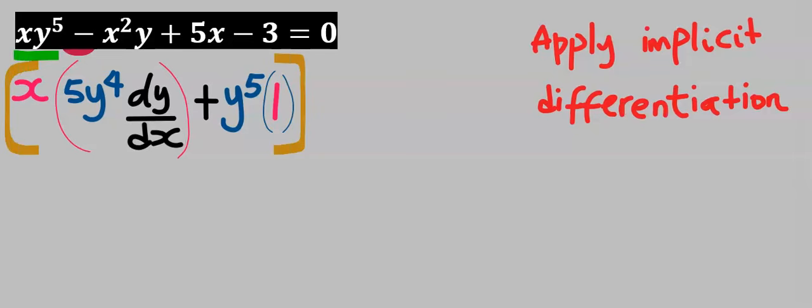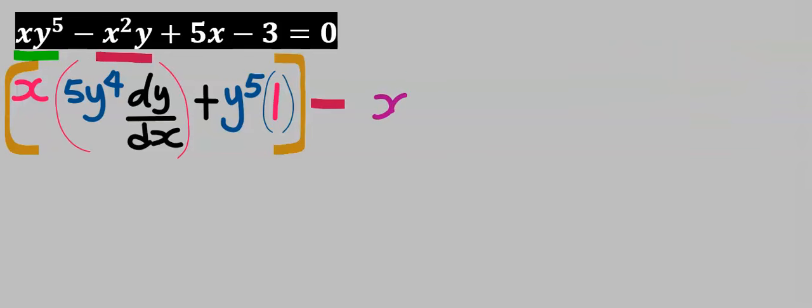Next is this minus. Next, we're going to concentrate on x squared y. Next, keep x squared constant. Next, differentiate y, and you're going to get 1.